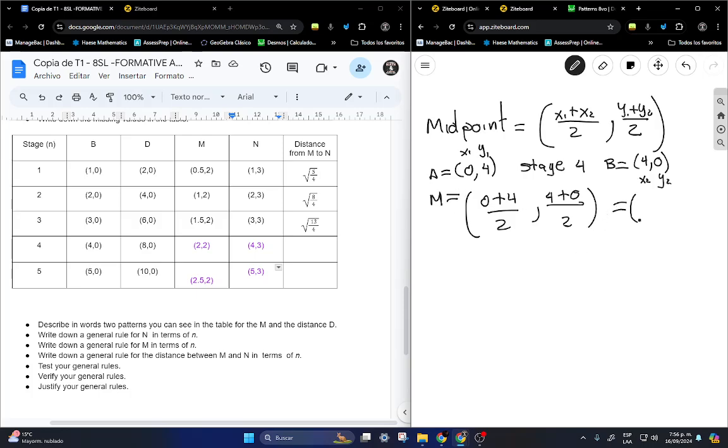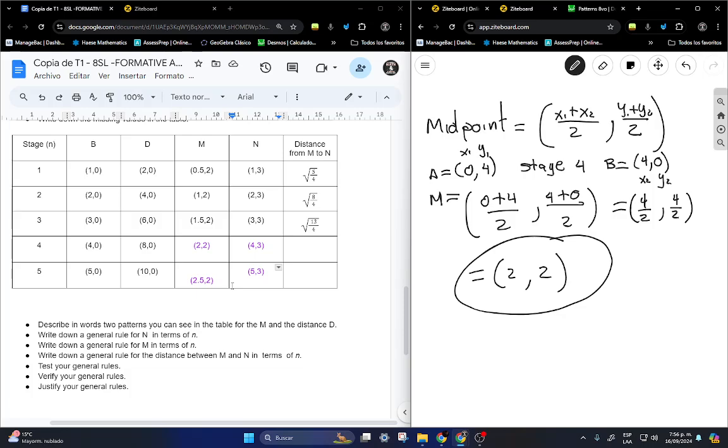So that is 4 halves and 4 halves. But 4 halves is 2, and 4 halves again is 2. So look, we got exactly the same. So you could have done exactly the same for N with B and D, and also for stage 5 in both cases.